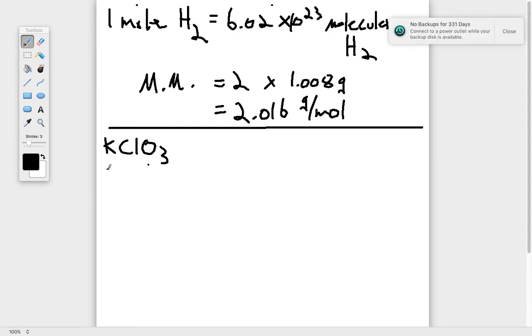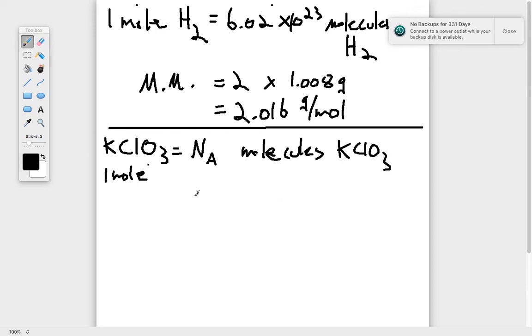All right, so if I gave you 1 mole of this substance, there would be Avogadro's number, can I just write this, Na, so I don't have to write it out every time, molecules of KClO3, potassium chlorate. So let's break it down.